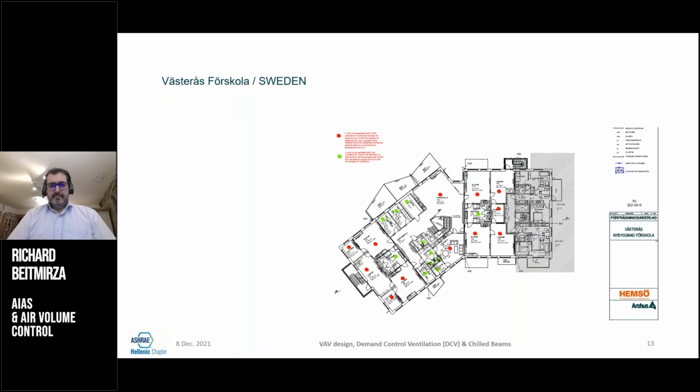Sometimes it gets tricky. Here I have an example of a project that I am working on right now in Sweden, where the consultant would like to use constant and variable load in the same building on an open platform.